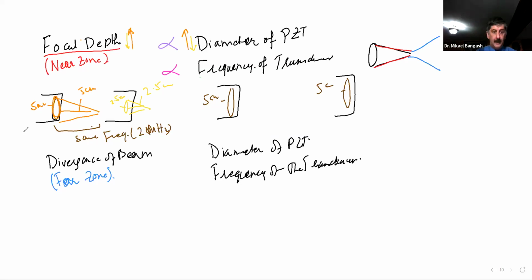Clear? But in one case we have a high frequency, let's say 10 megahertz. Whereas on the other hand, we may have a low frequency, let's say 5 megahertz.